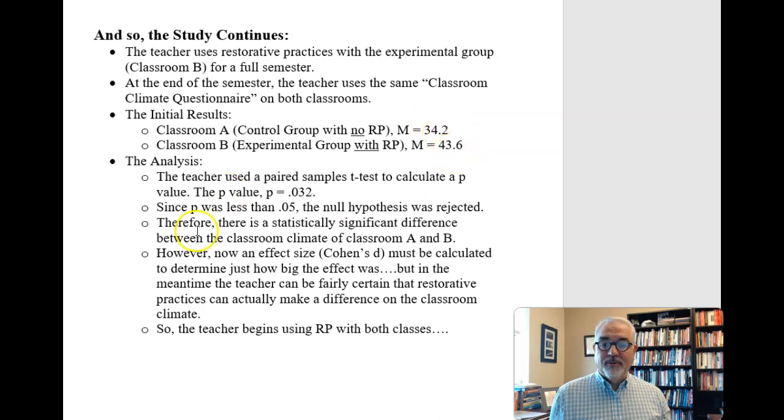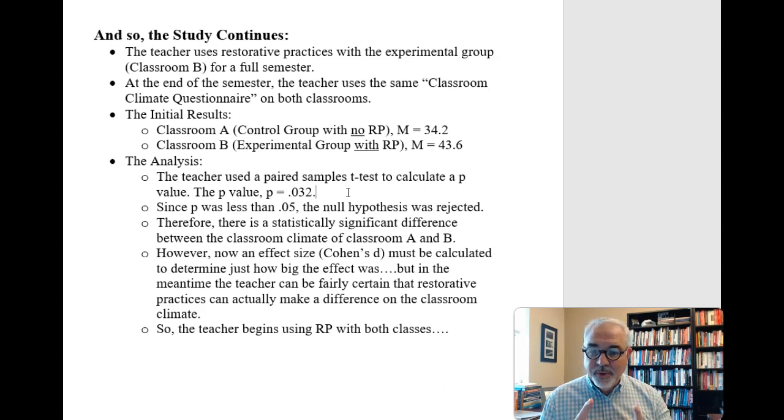For this, we have to use a particular type of statistical test. We've chosen this one because it was two groups of the same people, so this is referred to as a paired samples t-test. We calculated the p-value, and it was determined that the p-value was 0.032. It's below 0.05.